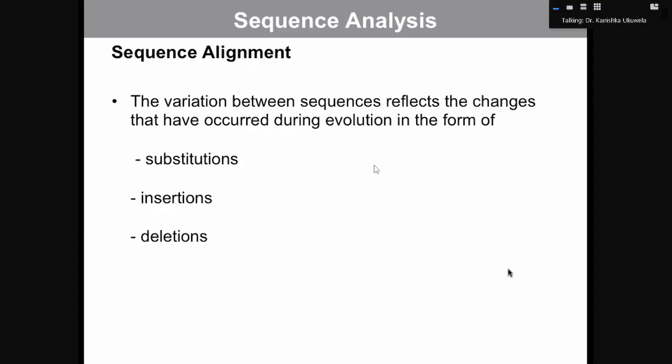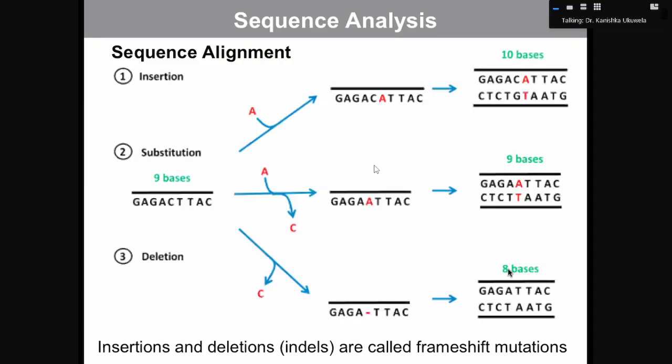One is substitutions, one is insertions, and the other is deletions. So let's see what these are. Insertion is the addition of an extra nucleotide to a particular sequence. For example, let's say you start with a nucleotide sequence having GAG, ACT, TAC.